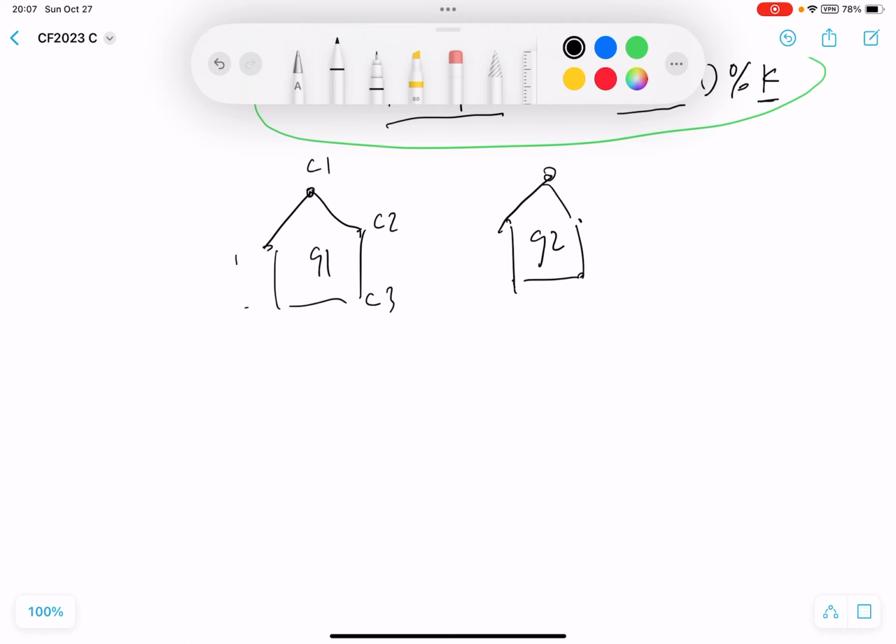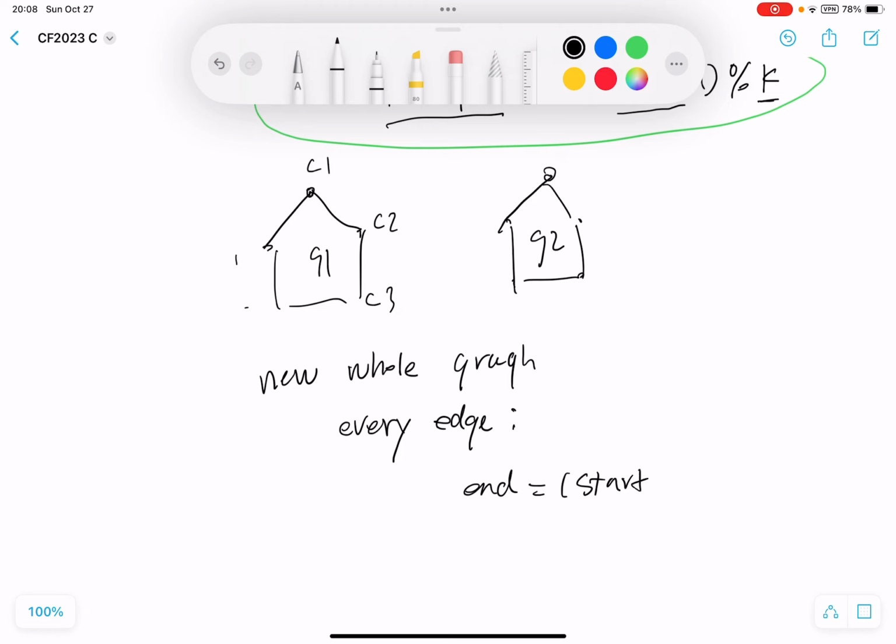That is equal to, for the new whole graph, we need to guarantee every edge meets the requirement end equals start plus 1 modulus k.